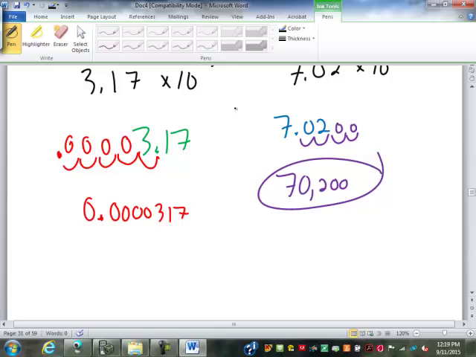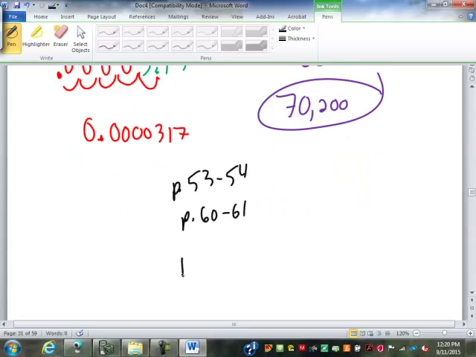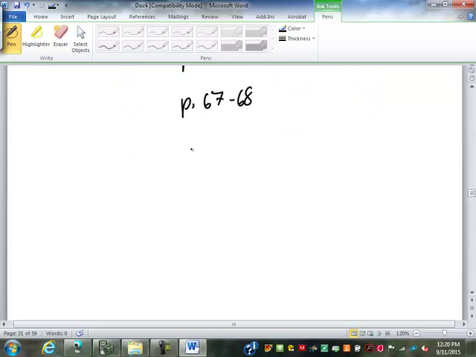We're going to lose the network in just a minute, so for homework, I do want you to keep working on the mixture problems on page 53 through 54. On page 60 through 61, solving the fractional equations. And page 67 through 68, evaluating expressions. There goes the network, so I'll put it in the recording. Page 73, we're dealing with the ratios and proportions.